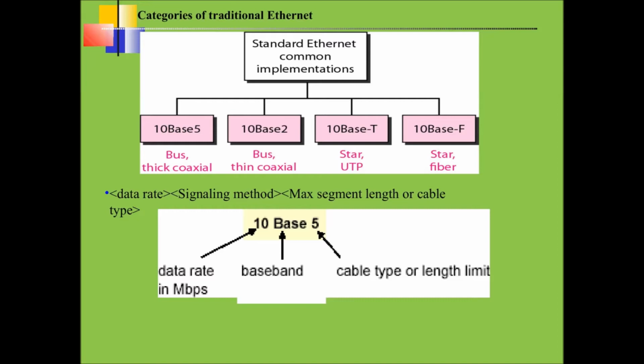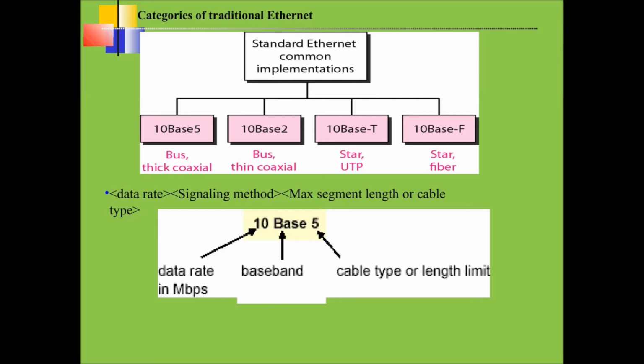This is normally implemented with the help of bus topology and thick coaxial cable. 10 base 2 is deployed with the help of bus topology and thin coaxial cable. 10 base T is deployed with the help of star topology using UTP, unshielded twisted pair cable. 10 base F is normally deployed by star topology and with the help of fiber cable.